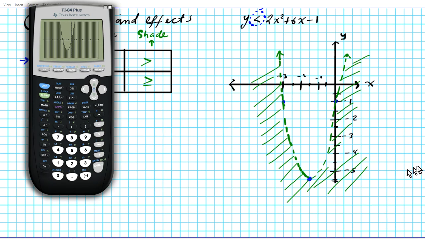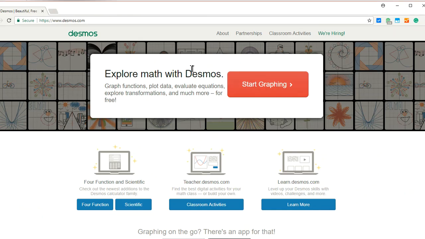Okay, we're also going to graph the same inequality using a computer-based graphing program known as Desmos. So if you go to desmos.com, you can take advantage of this great graphing software. You can also download it on your mobile device for use where you do not have internet connectivity.